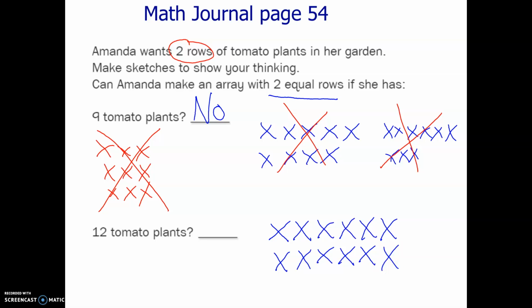I have 2 rows. I have 2 equal rows. So can I make an array with 2 equal rows if I have 12 tomato plants? Yes, I can. Let's move on.